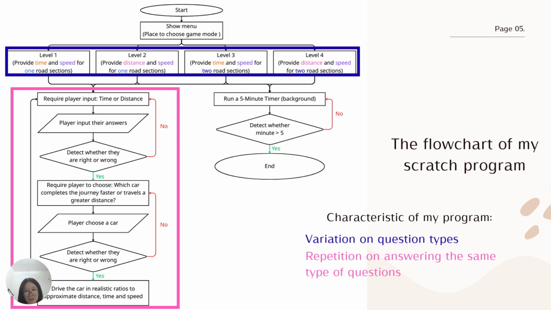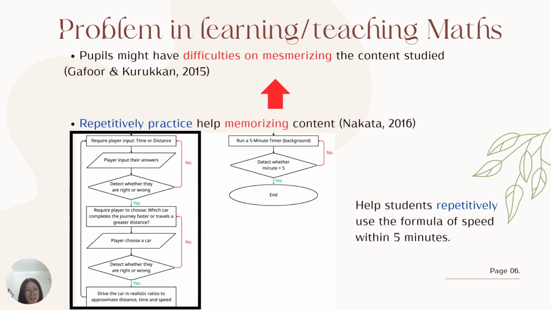The characteristics of my program are variation on question types and repetition on answering the same types of question. Sometimes people might have difficulties memorizing the content studied, and someone says that repetitive practice might help memorizing contents.